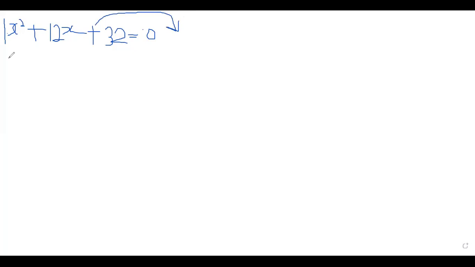That gives you x squared plus 12x equals minus 32.